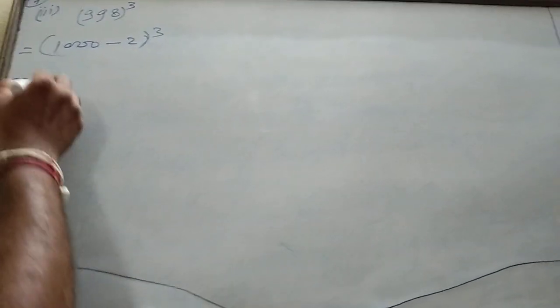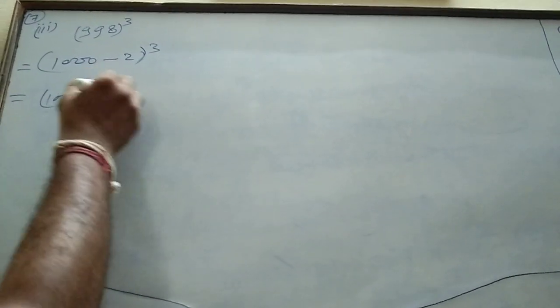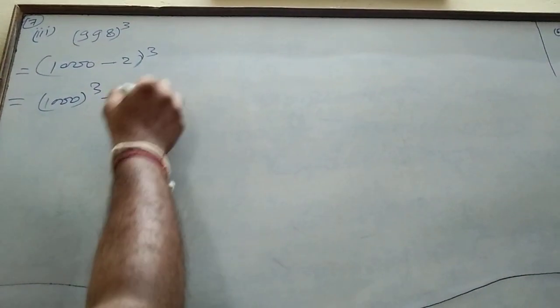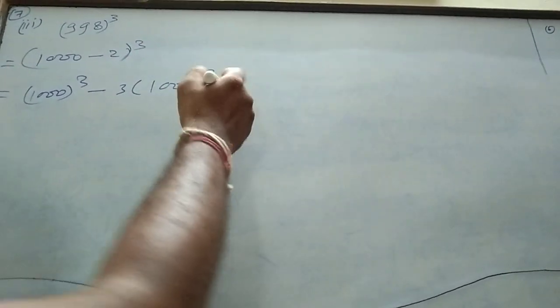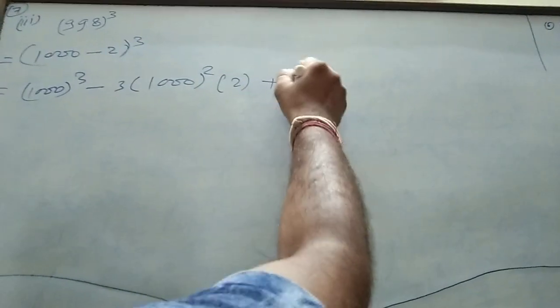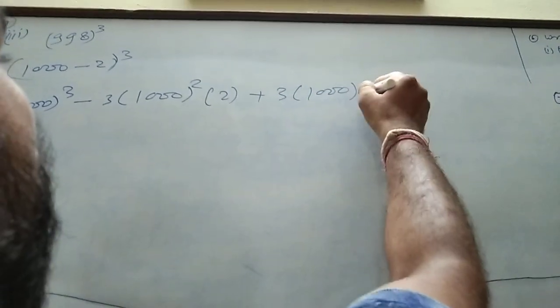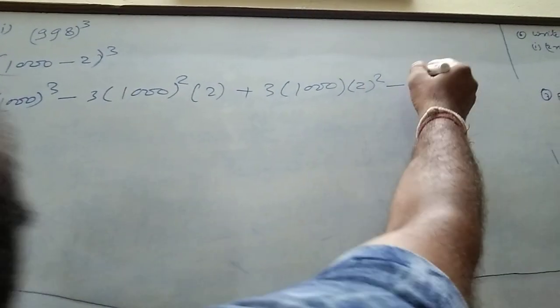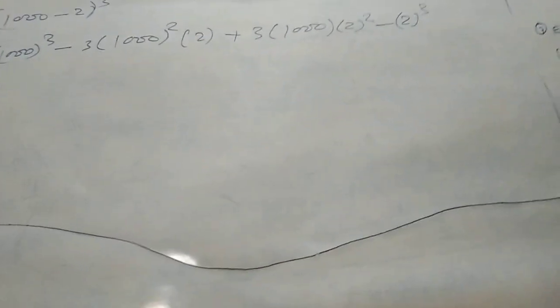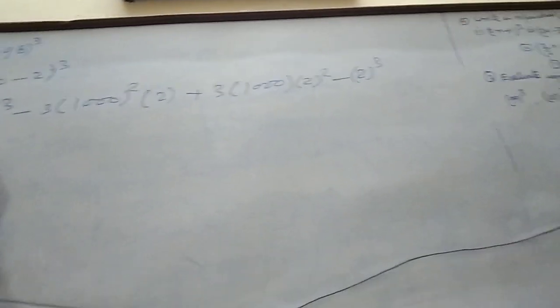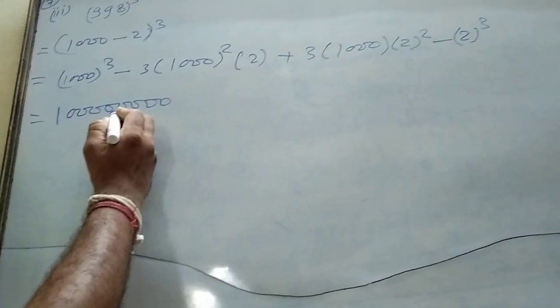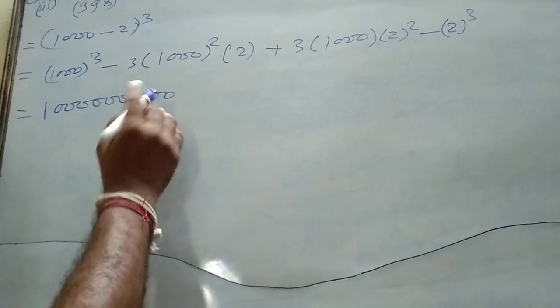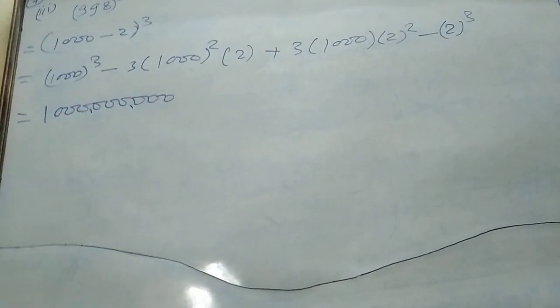This can be written as 1000³ − 3 times 1000² times 2, because 3a²b, plus 3ab² − b³, then 2³.